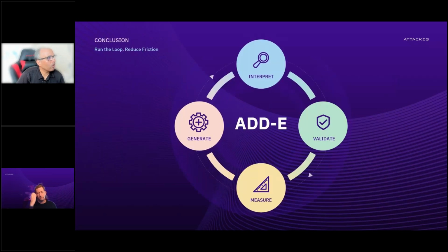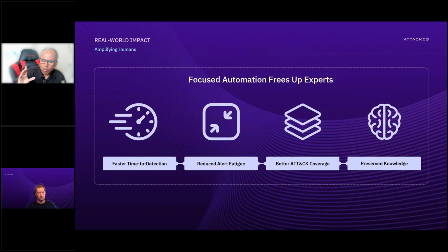So we just covered all the 4 pillars of our ADDIE framework, which are powered by 4 sets of focused agents. We saw the agent that helps us interpret the forgotten rules, an agent that helps us validate them against reality, an agent that helps us measure what truly matters, and an agent that helps us generate better rules faster. You probably saw one thing in our discussion.